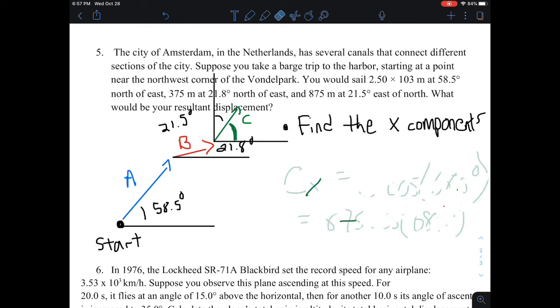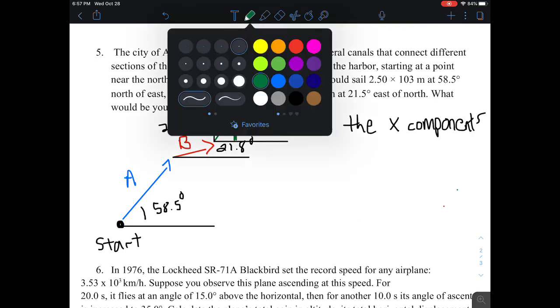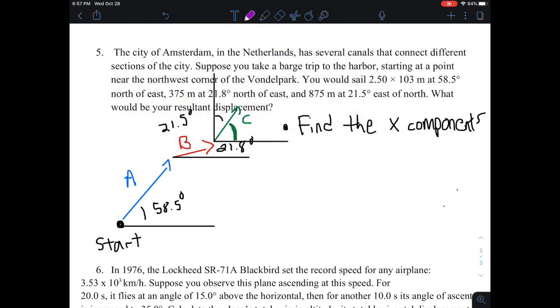What do we do with those? Well, you're going to put them together. Because if I draw the resultant vector in purple, from the start all the way to the end, that's the thing I'm looking for. To find that, I first need to find the x part and then the y part. We'll call that the resultant. The resultant is what I'm looking for.